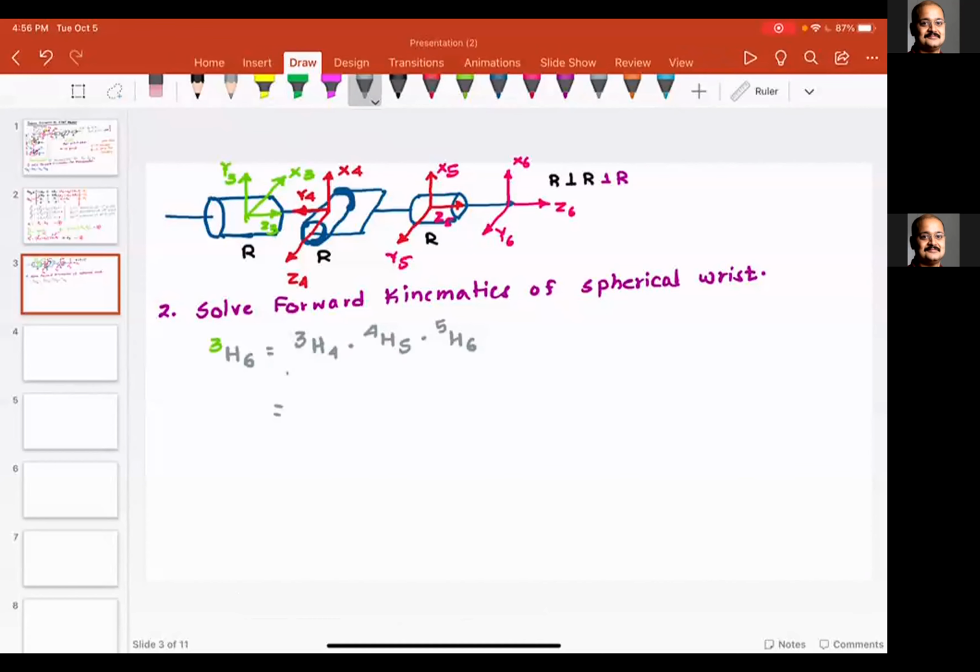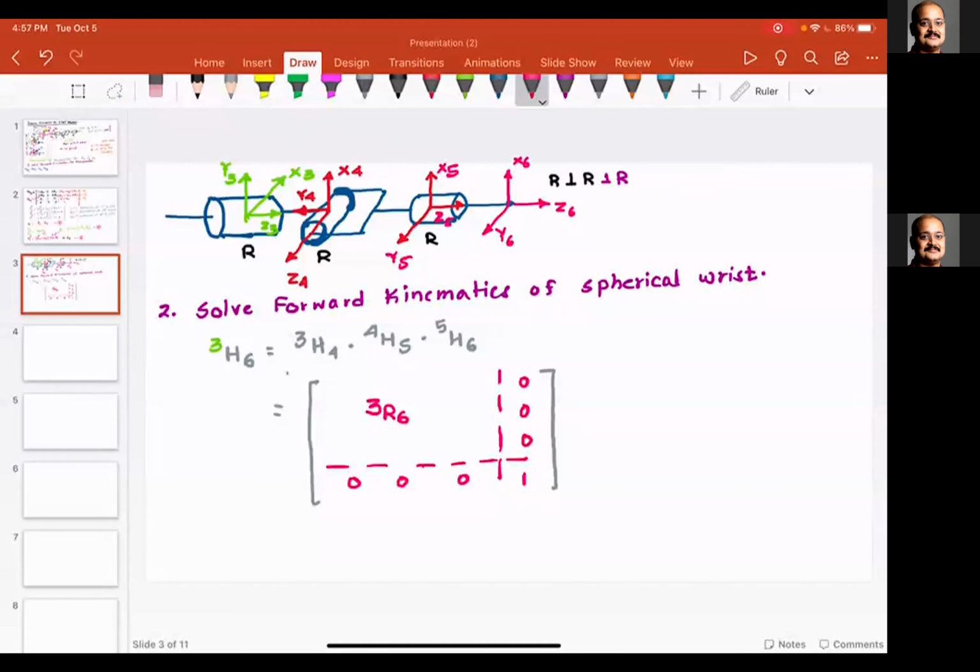But please observe, when you find this big matrix, since it's a wrist, you are going to get a matrix 3R6, and there will be 0, 0, 0, and there will be 1 here. So when you solve this 3H6, you are going to get a rotation matrix, and then all the distances are going to be 0.